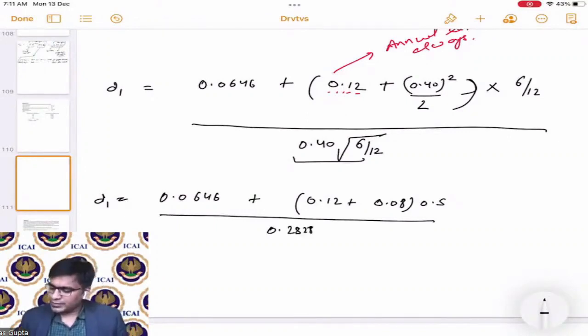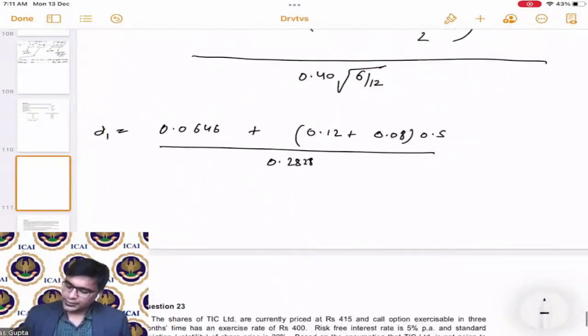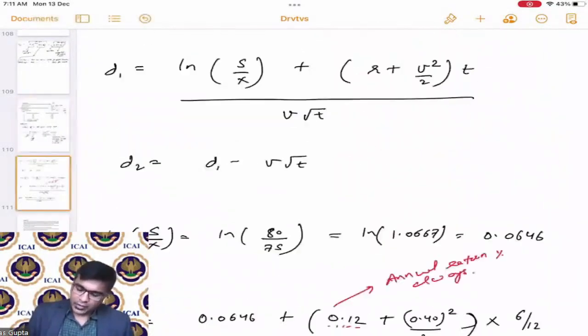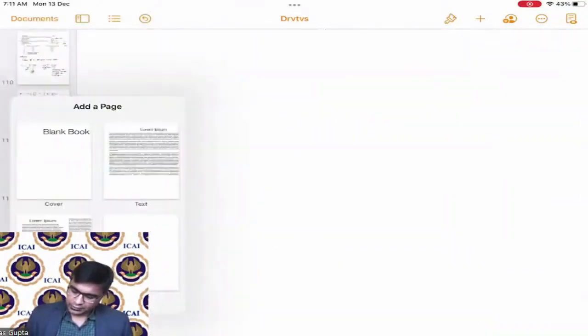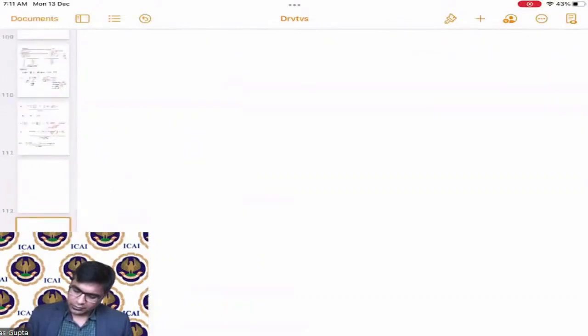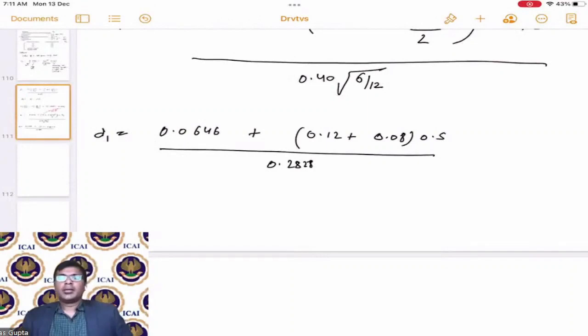These calculations can be done very easily through a calculator, correct? This is D1.